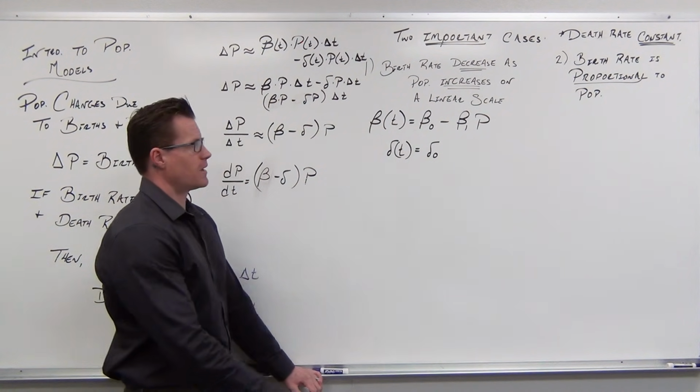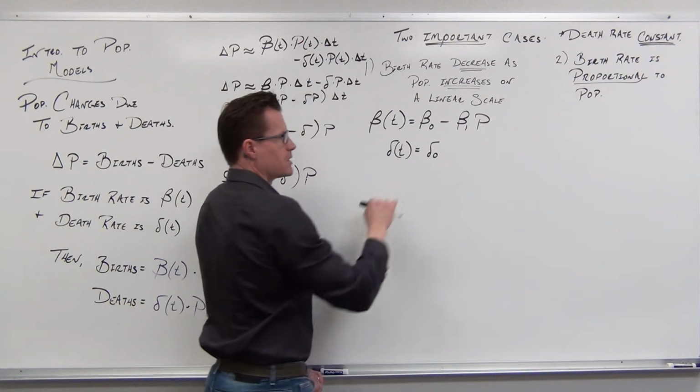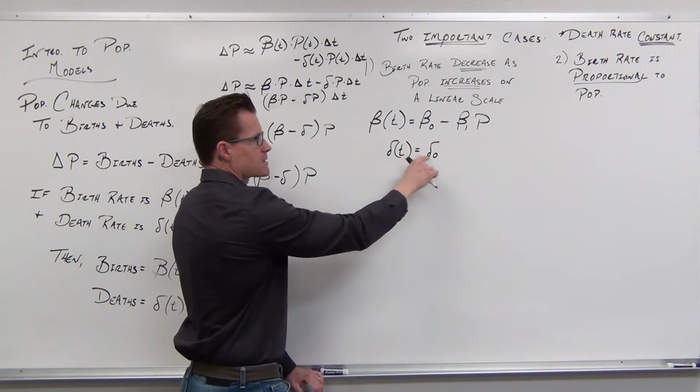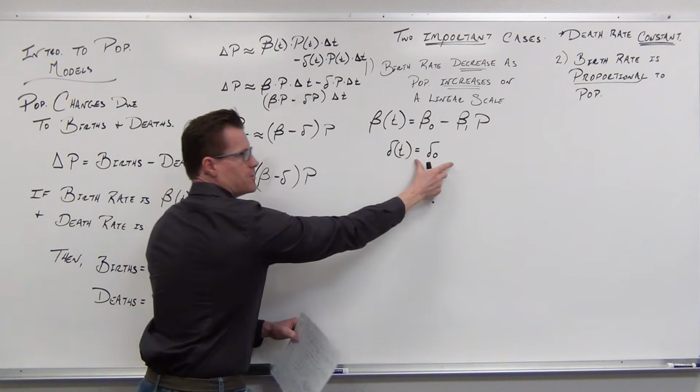All right, so if our birth rate is dropping as our population is increasing linearly, and our death rate's the same, we're going to substitute this for our births, this for our deaths.